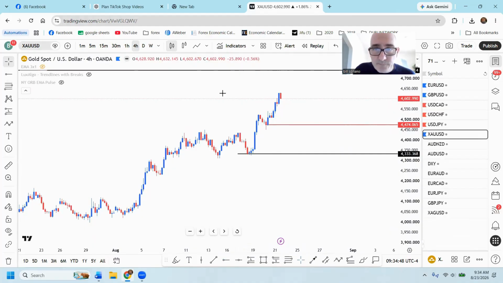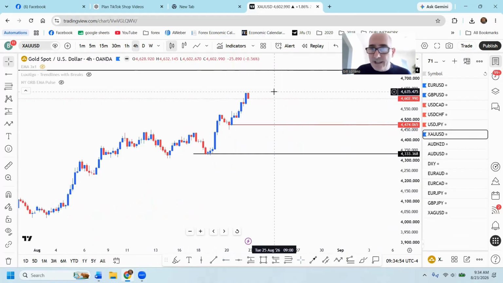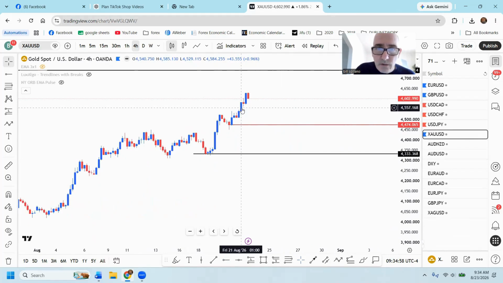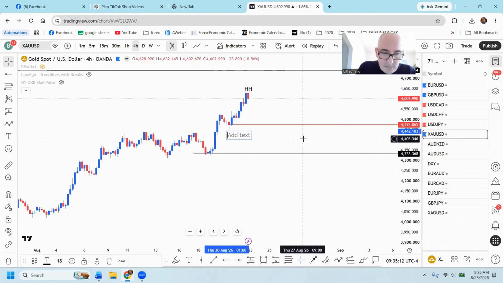This one for me is not sufficient. Usually I like to see more than one candle, so we can't say that this is our higher low here. So higher high and higher low. There you have it.